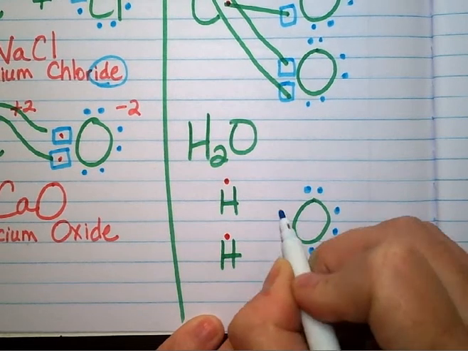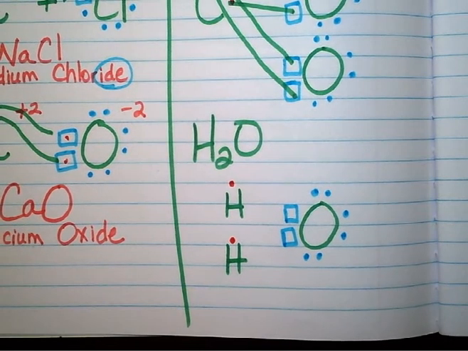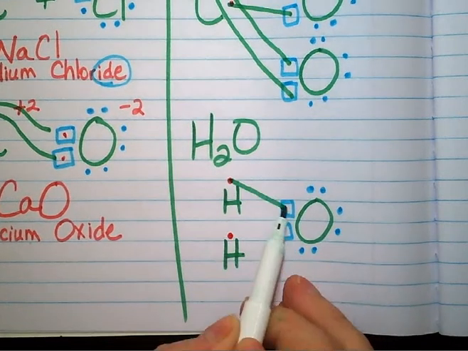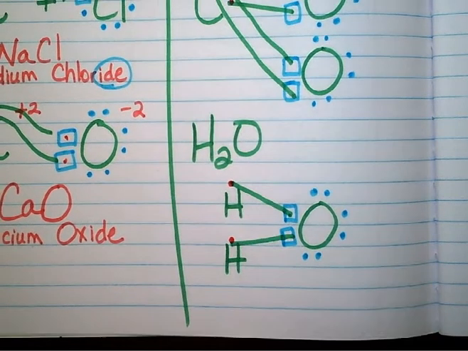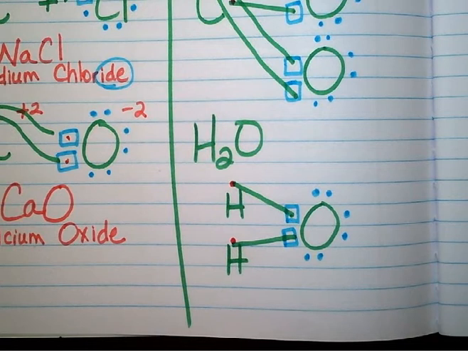So oxygen has 2 spots where it can share with each one of those hydrogens. Each hydrogen has 1 that it can share with oxygen, and oxygen has 2 spots. That's why it needs 2 hydrogens to fit into those spots. So you have H2O, you have water.